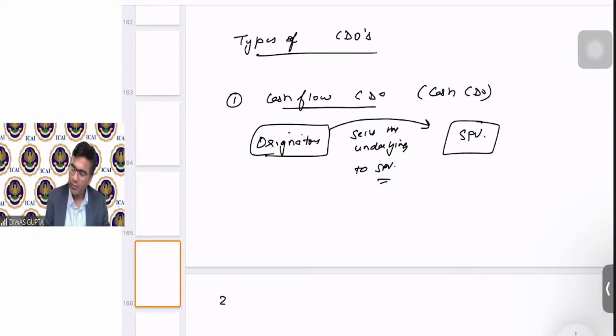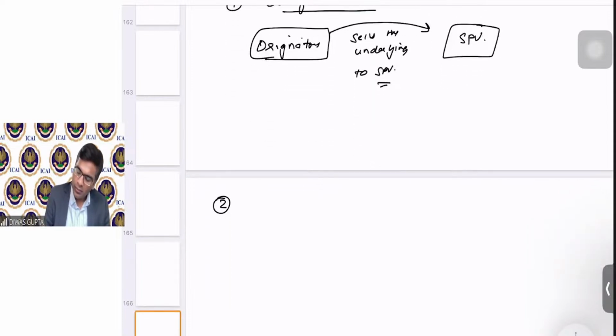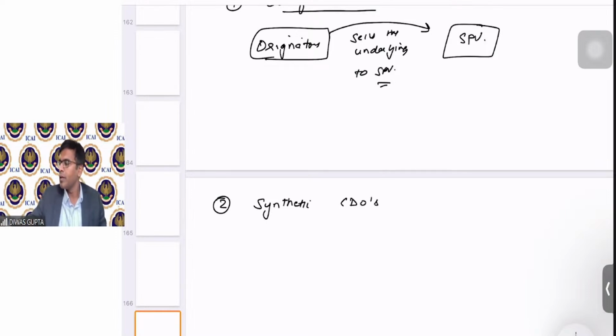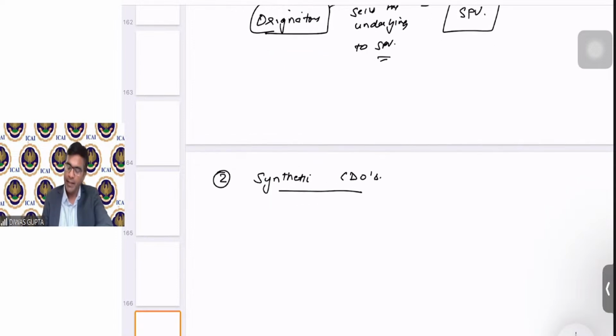Second, synthetic CDOs. Synthetic collateralized debt obligation means that there is an originator and there is an SPV.